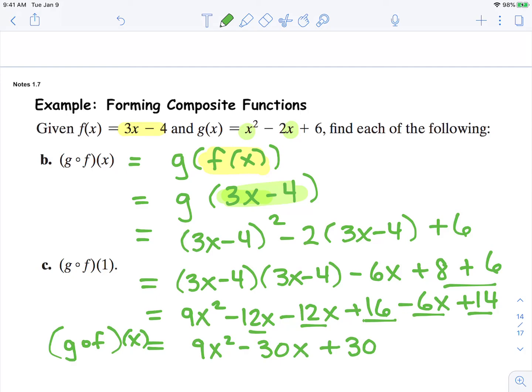From there, we're going to do part C. So we've already done this part, the GOF, right there. So what this is saying is now evaluate that function for 1.